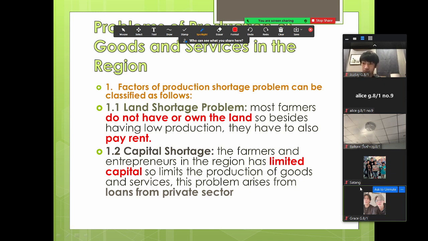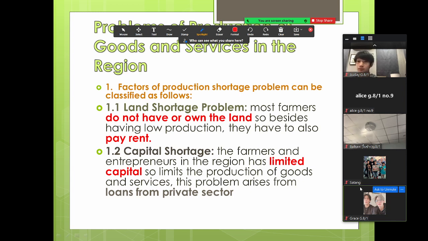The problem also arises when they take loans from the private sector, or let's say private banks, instead of going to the government.